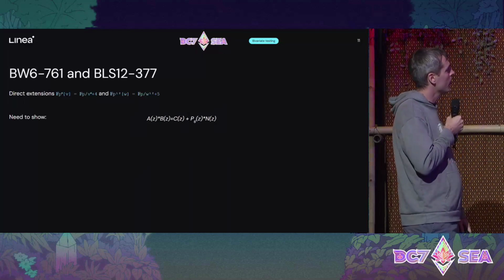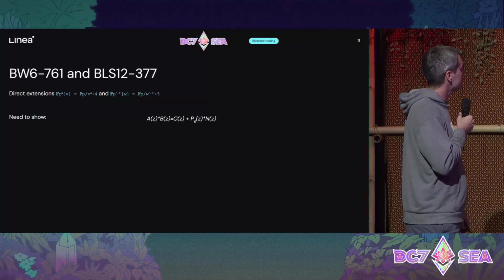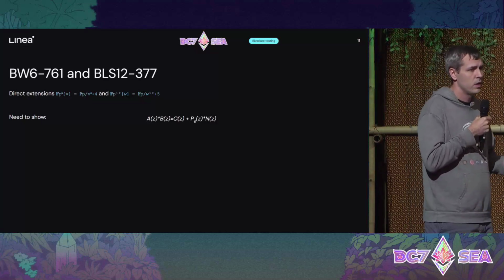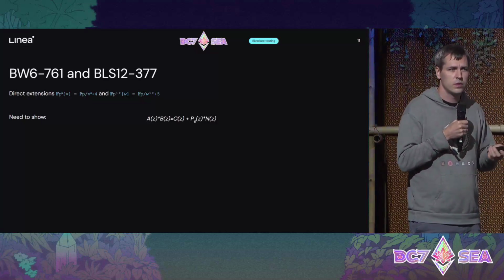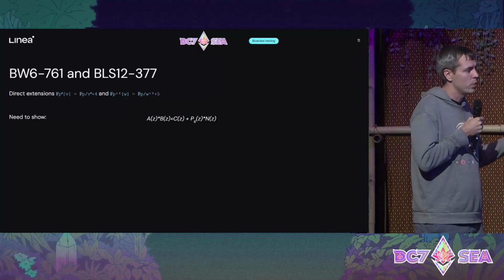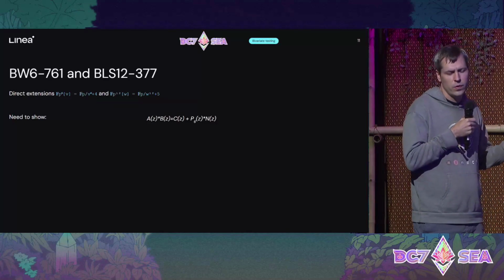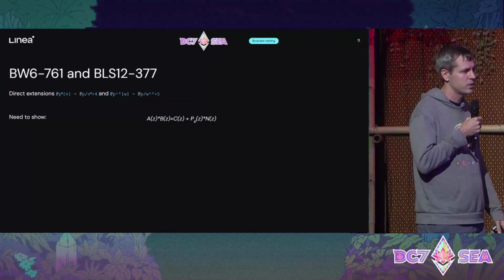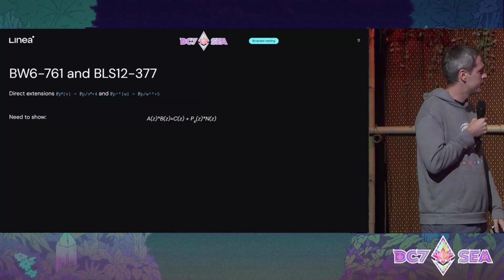So we found the direct extensions, and we started to write out these equations, and we started to see how beneficial it is. The previous result was only for BN254. We wanted to implement also for the other curves, so for BW6-761 and BLS12-377.